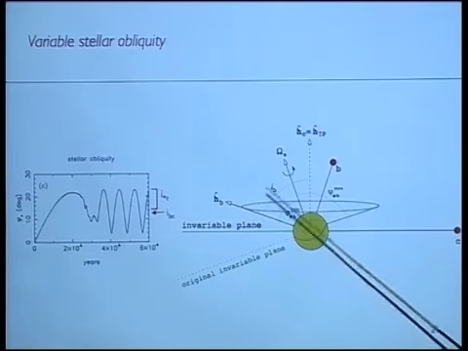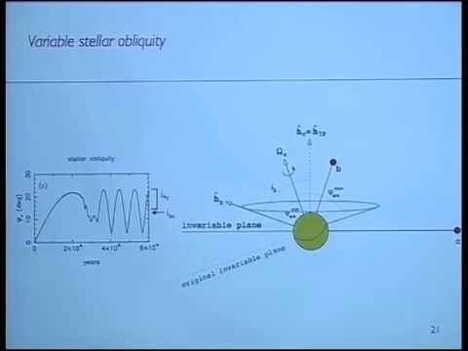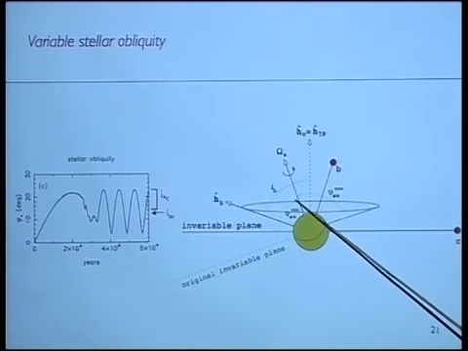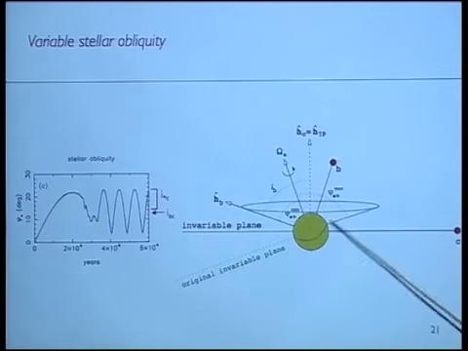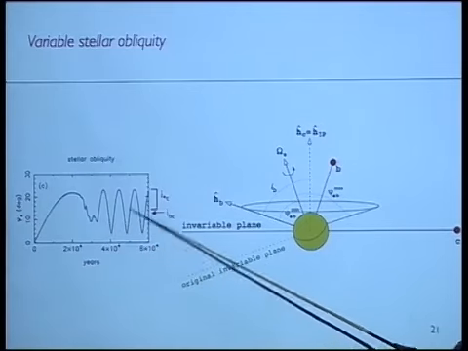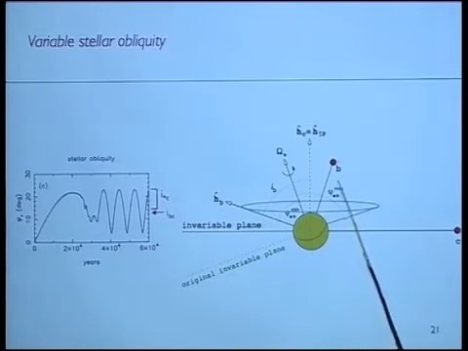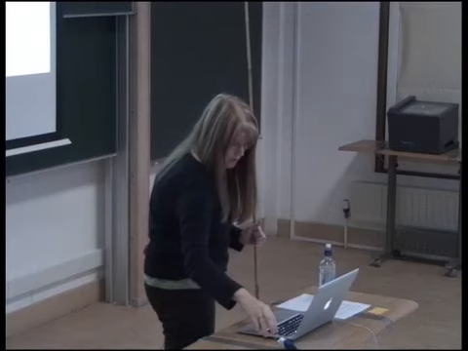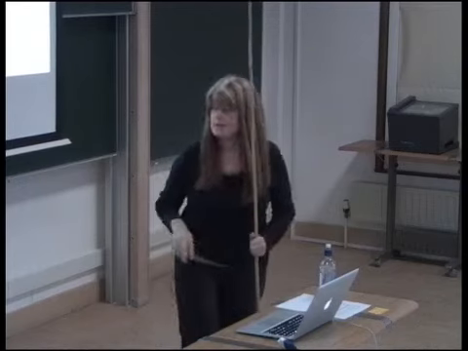Its orbit normal precesses around the invariable plane normal, and so sometimes the angle between it and the star is relatively small, and sometimes it's much bigger, and that's what this oscillation is. And so they are going to try and measure this stellar obliquity for this special system next month as well.